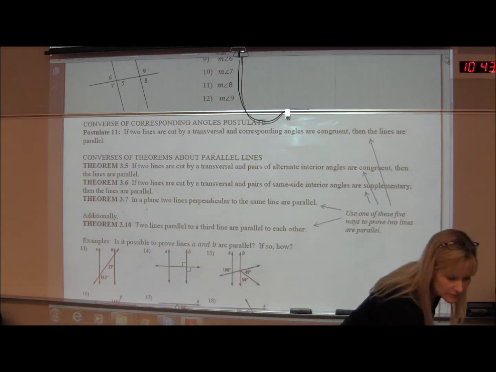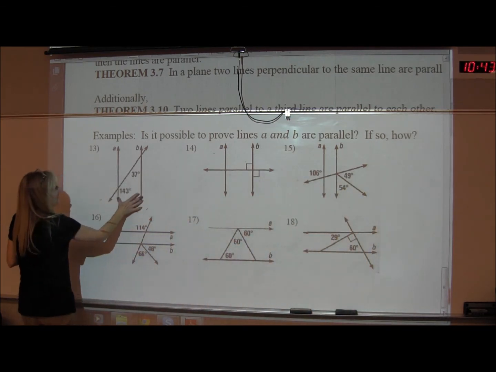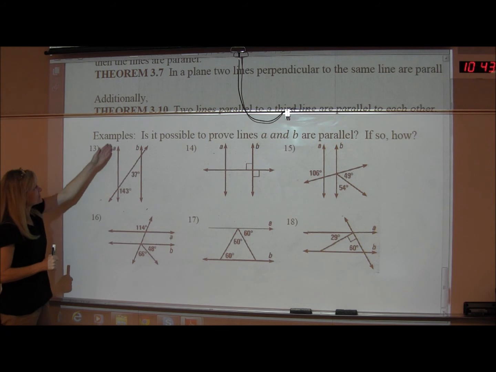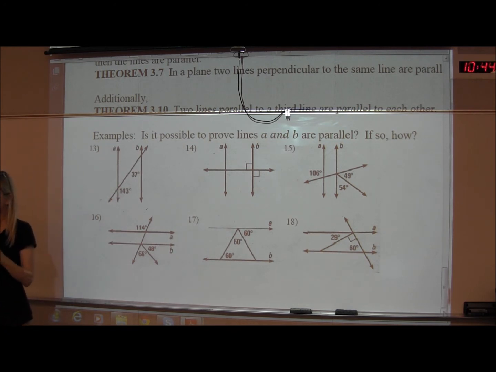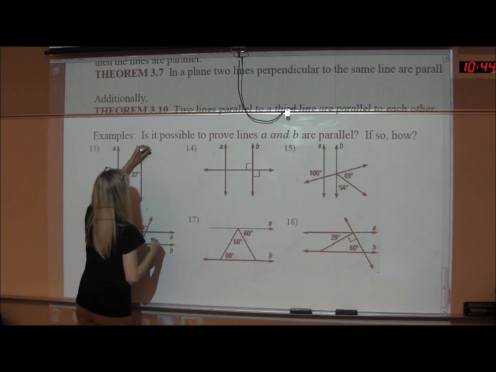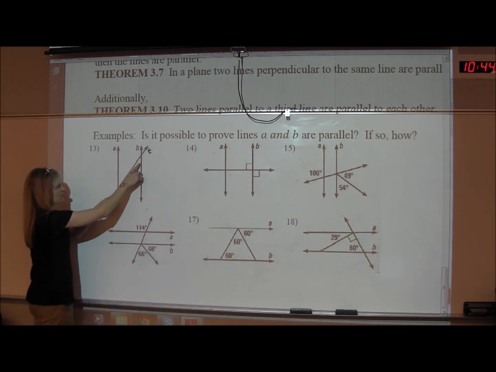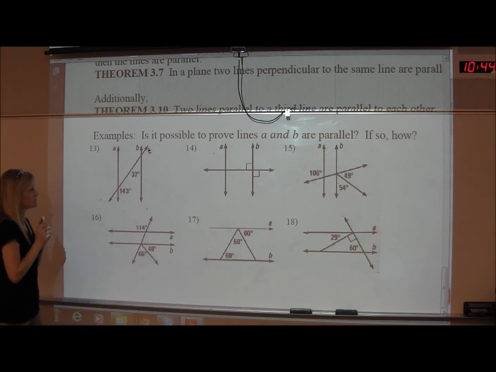Okay, so we're seeing if we can prove that A and B are parallel. Are they parallel? What do we know? The line going in between is the transversal. So these would be same side interior, right? Does that help us?